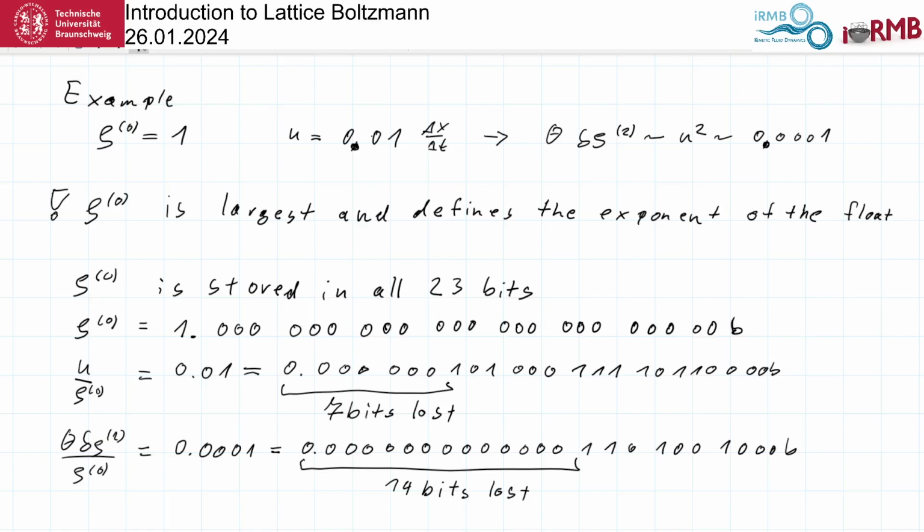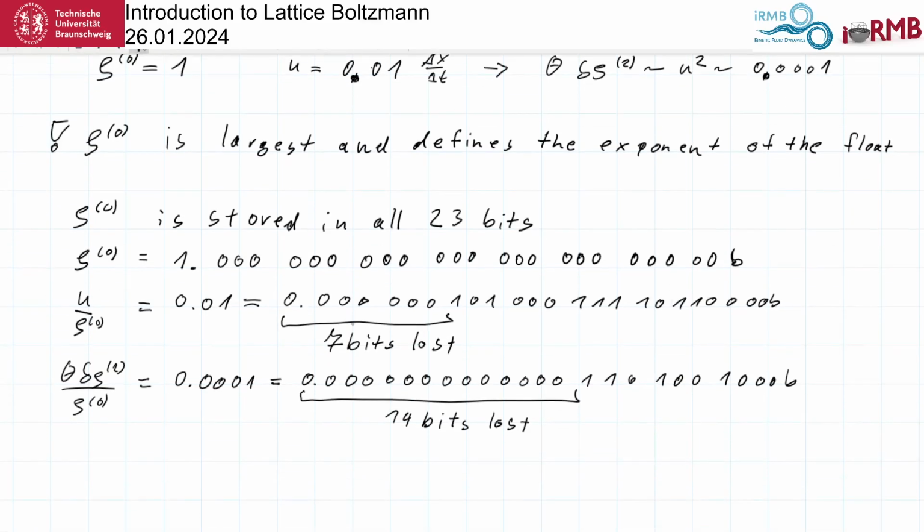This is before computations. It's just not possible to know it, no matter how exactly it would be measured or computed, it's just not there. More than half of the bits are lost. And the velocity was not small to start with.